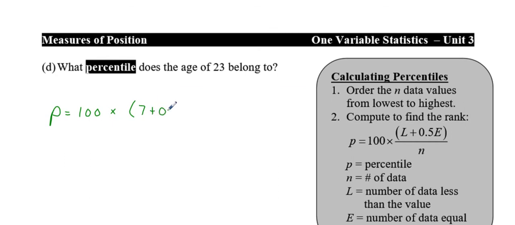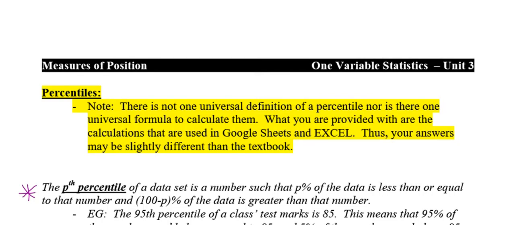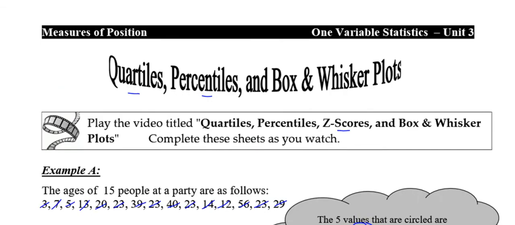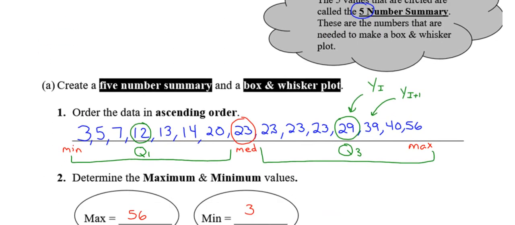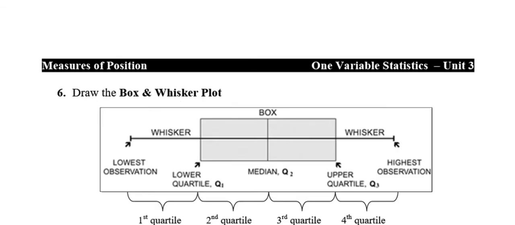Plus 0.5 times E. E stands for the number of data that are equal to that value. So how many pieces of data are equal to 23? Sometimes the answer is just 1. But in this example, 1, 2, 3, 4. 4 pieces of data are equal to 23.